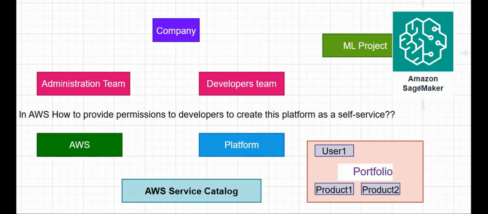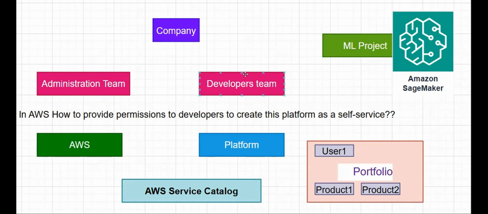We can use it to build, develop or test any ML-related project, and we can even deploy from this SageMaker only. We can do all these things from it itself. So we need to develop some ML project in this SageMaker. We are now using SageMaker as a platform.